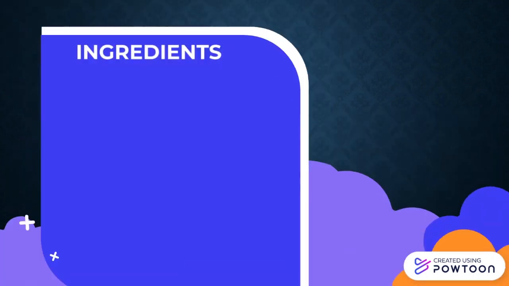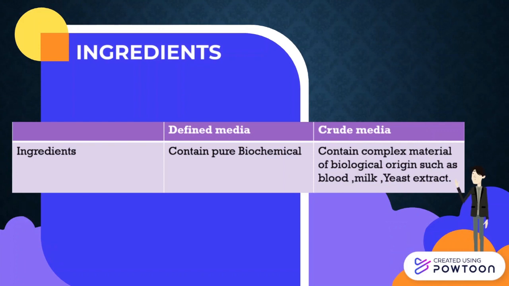The ingredients in defined media are pure biochemicals, whereas crude media contain complex materials of biological origin such as blood, milk, and yeast extract.